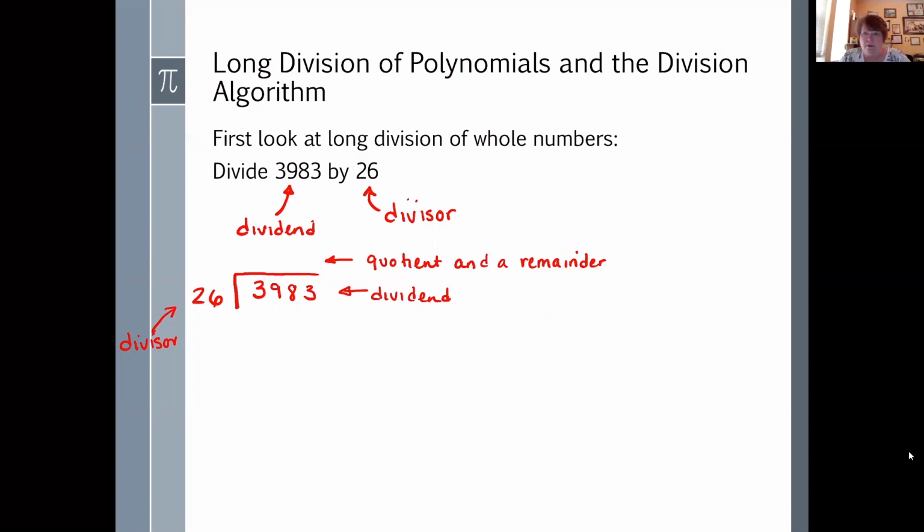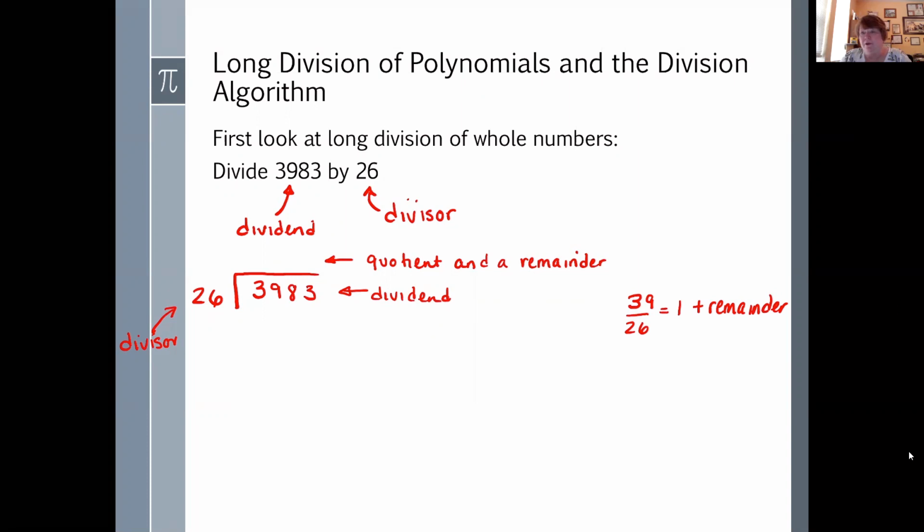And the answer is yes, 26 will go into 39. As a matter of fact, 39 divided by 26 is 1 plus some remainder. Okay, so 26 will go into 39 one time with something left over.